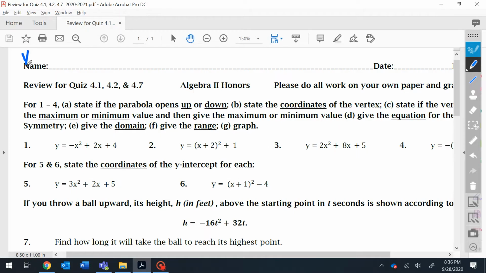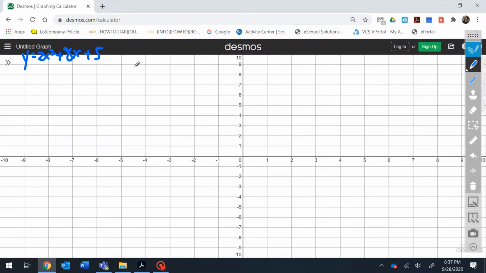Number 3, y is equal to 2x squared plus 8x plus 5. So here we are looking at standard form. So a, b, and c.